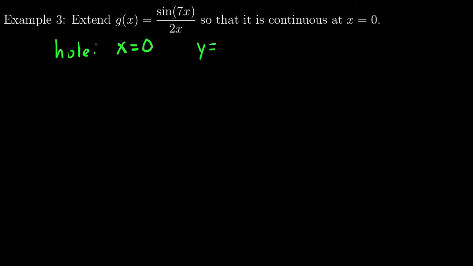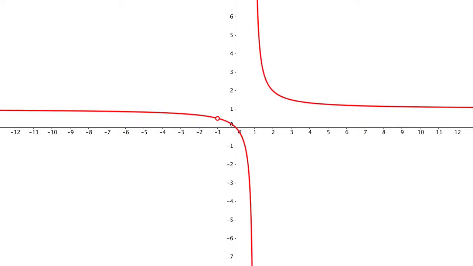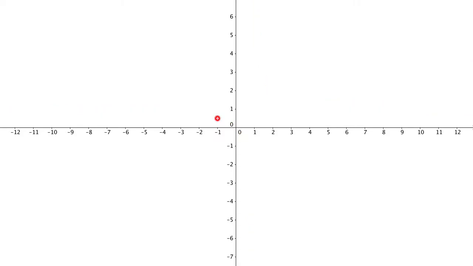Well, let's look at the graph of this. So I get rid of the f function, and then we turn on the g function. Okay, so here's what that looks like, and I have this hole up here at 7/2, 3.5.